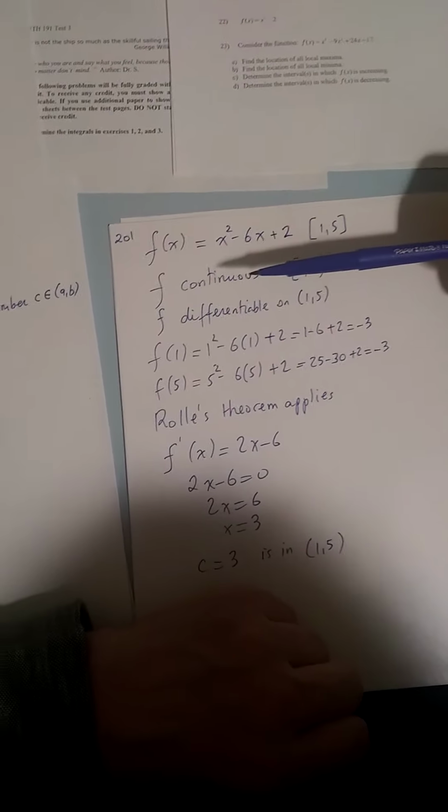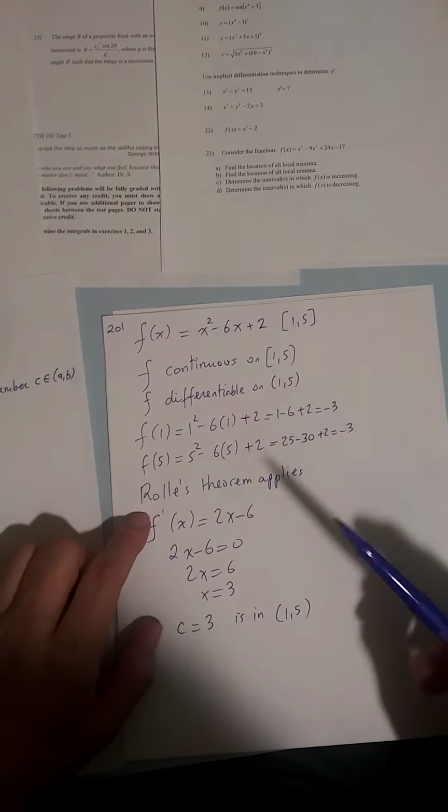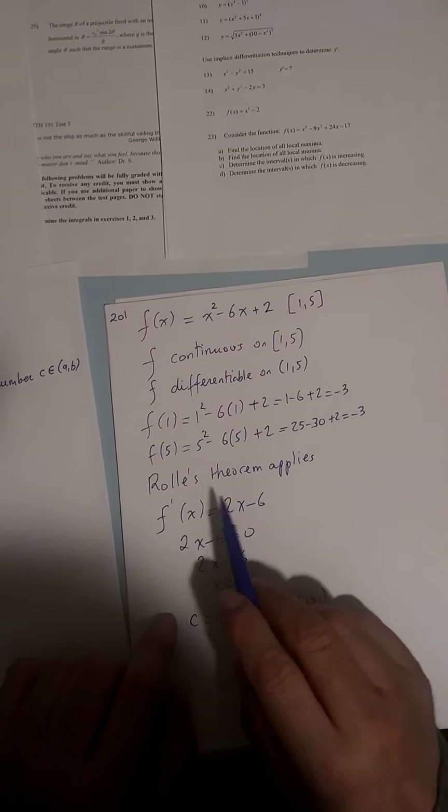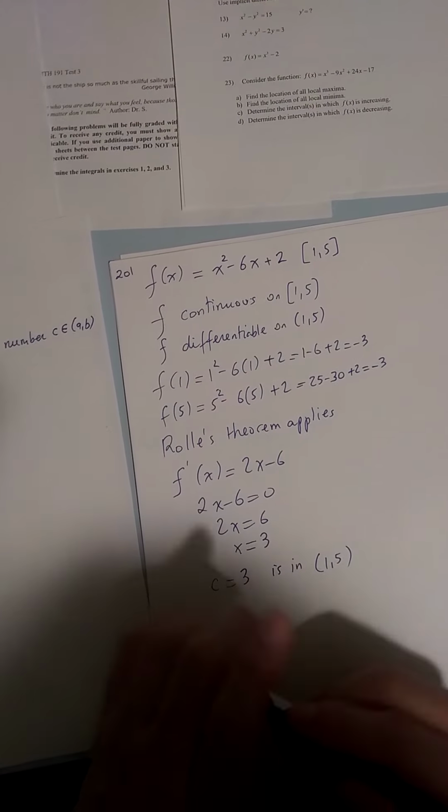So Rolle's theorem applies. And if it applies, we find the derivative and we set it equal to 0. Here's the derivative, 2x minus 6, set it equal to 0, 2x equals 6, x equals 3. So c is equal to 3, and 3 is in the interval 1 to 5.